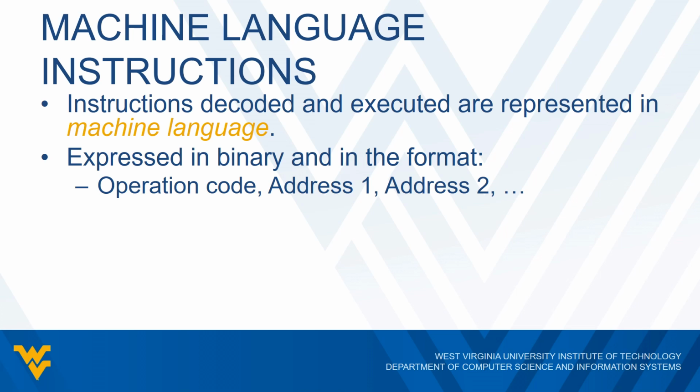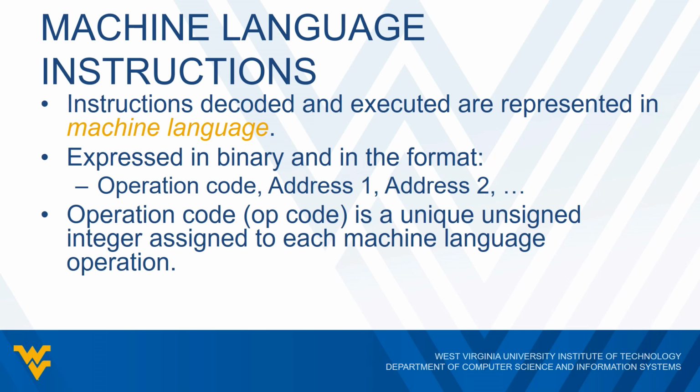So this format is broken up into two main parts, the operation code and the address fields. The operation code, sometimes referred to by the shorthand opcode, is a unique unsigned integer code assigned to each machine language operation that's recognized by the hardware.